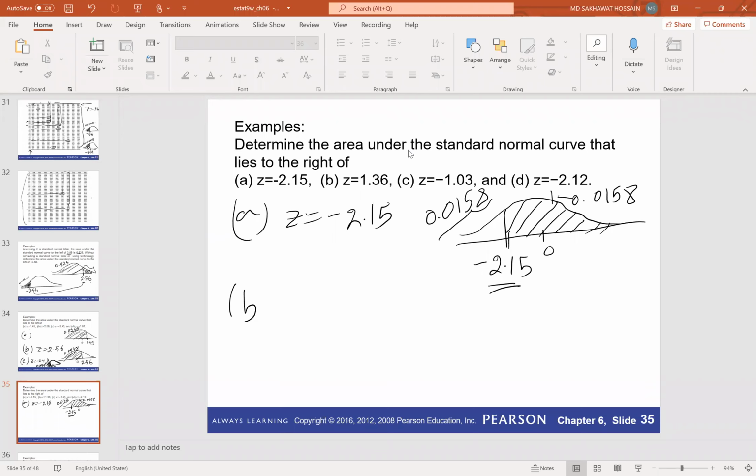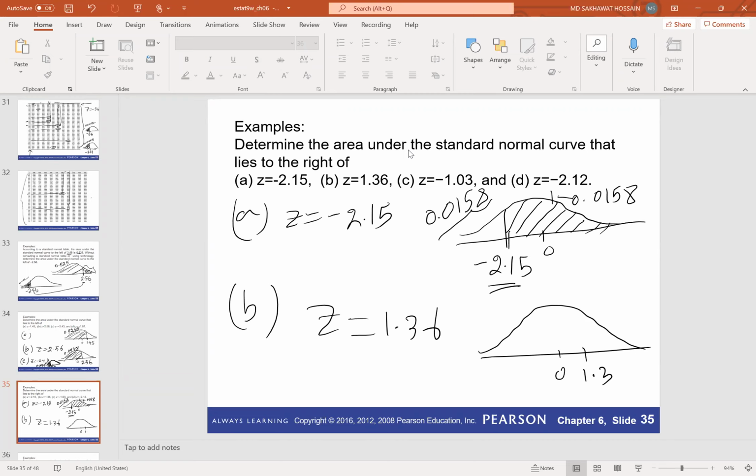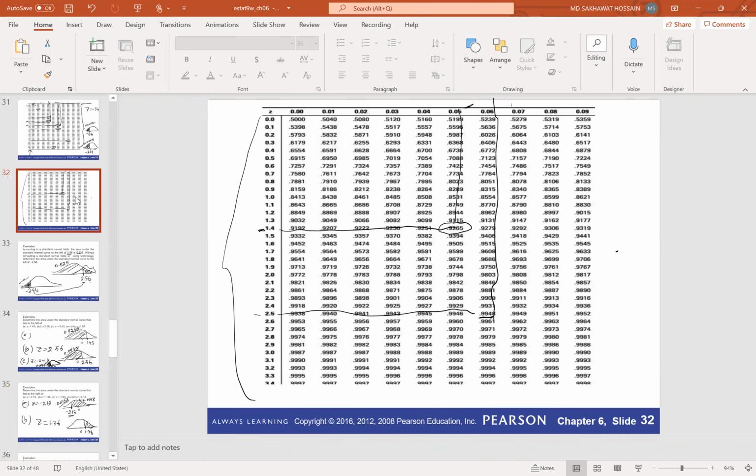And similarly for part B, the Z score is 1.36 and we have to find the area to the right. This is 0, so 1.36. So we have to find this area. Look at 1.36: 1.3 is here and 6 is here.